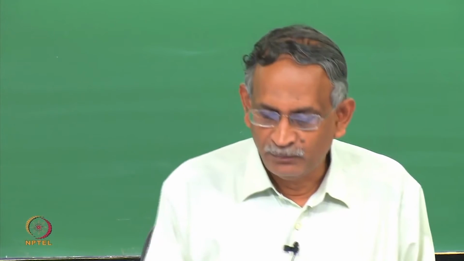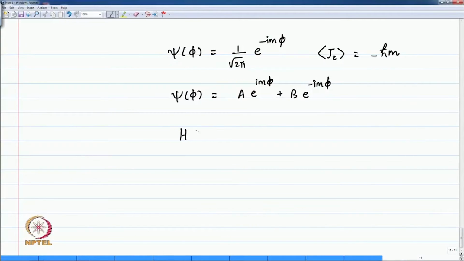The Jz is not a fixed quantity. Please remember, when you wrote the kinetic energy, H psi of phi was minus h bar square by 2 I d square by d phi square psi, and you wrote this as E psi.